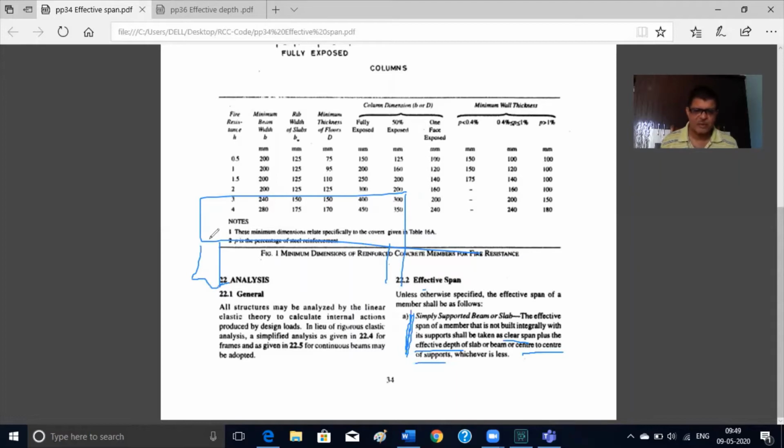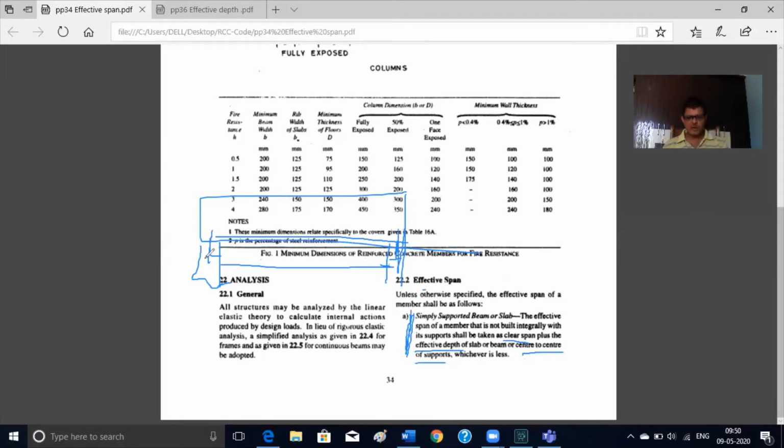So find the center of the support here and the center of support here. Then center to center of supports is equal to the clear span plus half of the width of support here, half of the width of support here, add both sides, and that will be the effective span.